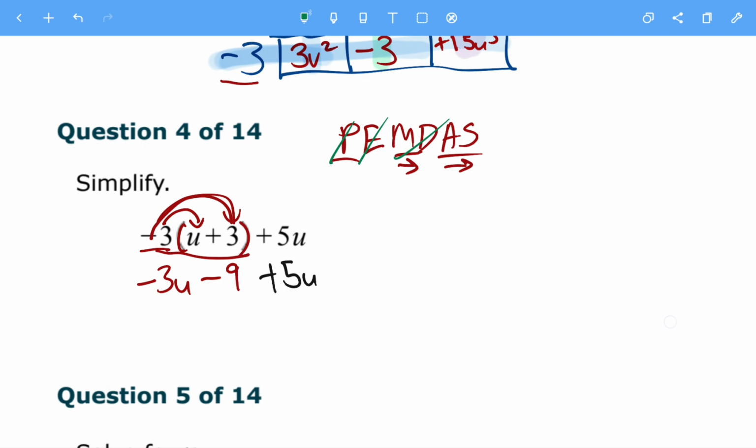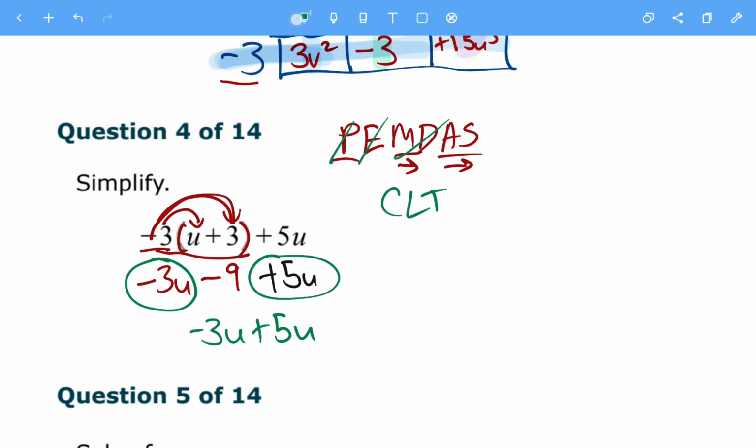And then add or subtracting. We do have a bunch of subtraction and adding. So we're going to combine any like terms. So the -3u and the plus 5u, those two are like terms. So -3u plus 5u, I'm just rearranging this.